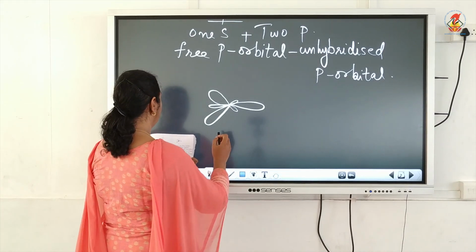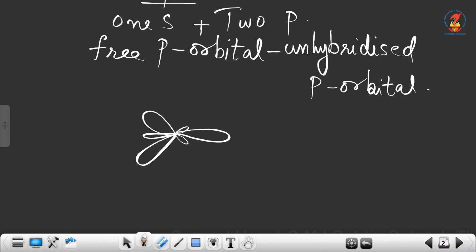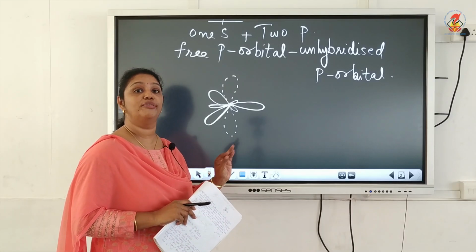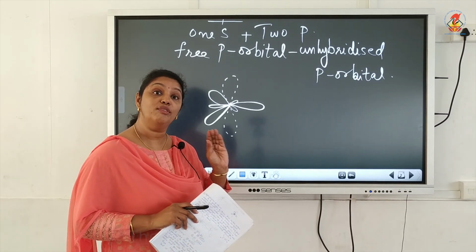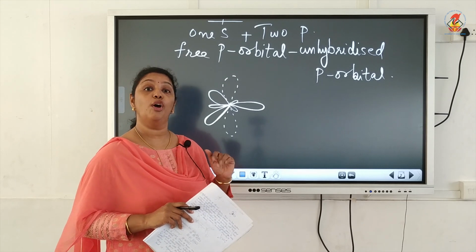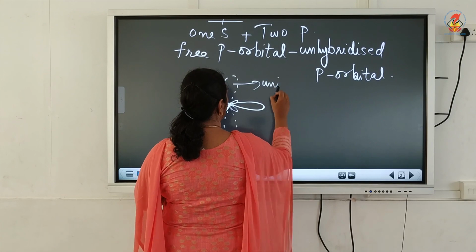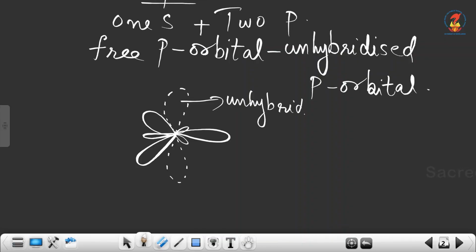That p orbital lies at right angles to the sp2 hybrid orbitals. When you draw the unhybridized p orbital, we denote it with a dotted line. You can see the unhybridized p orbital has both lobes of equal size because it is not involved in hybridization. It is not involved in the formation of hybrid orbitals. So this dotted line represents the unhybridized p orbital.